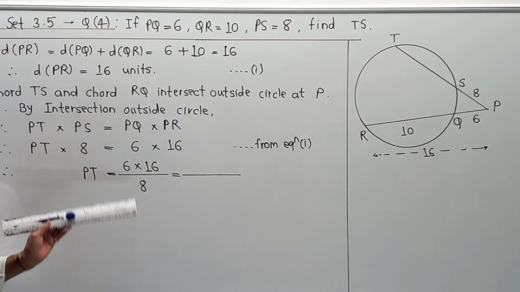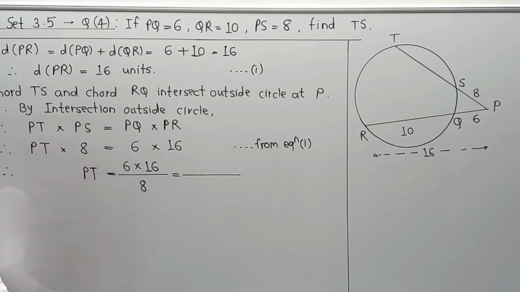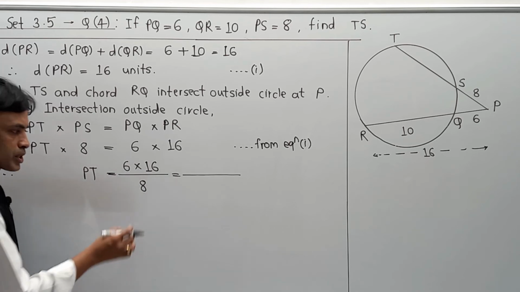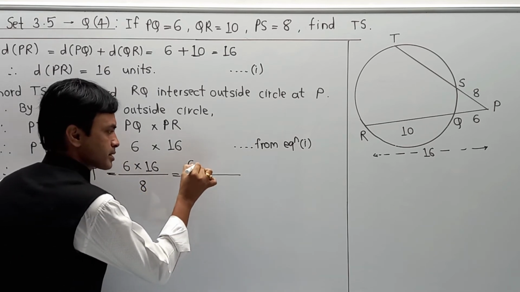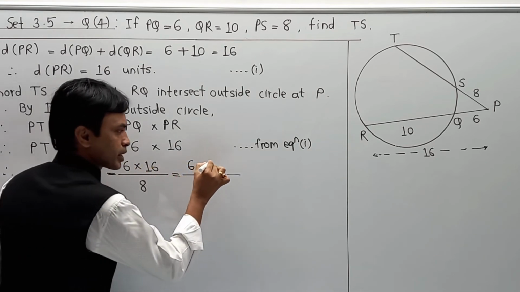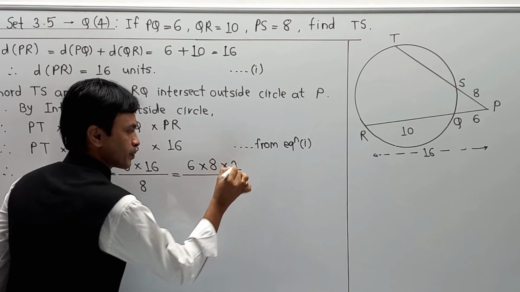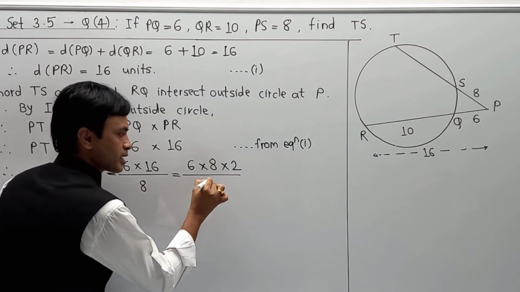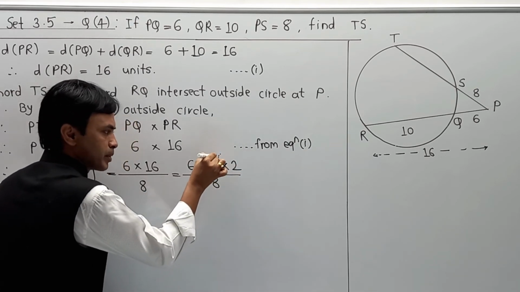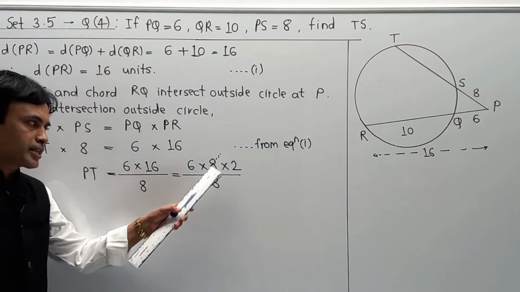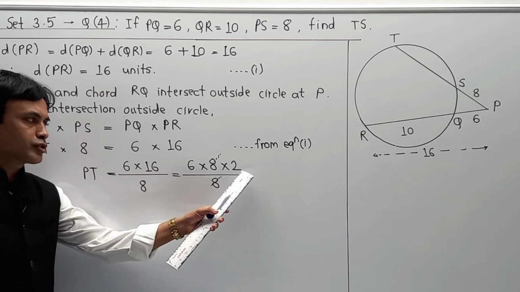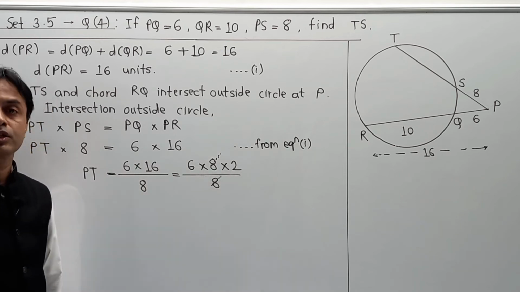So now your simplification becomes 6 into 16 divided by 8. For a simple calculation, instead of 16 I am going to write 8 into 2, divided by 8 as usual. Now this 8 gets cancelled with 8, and 6 into 2 is 12.